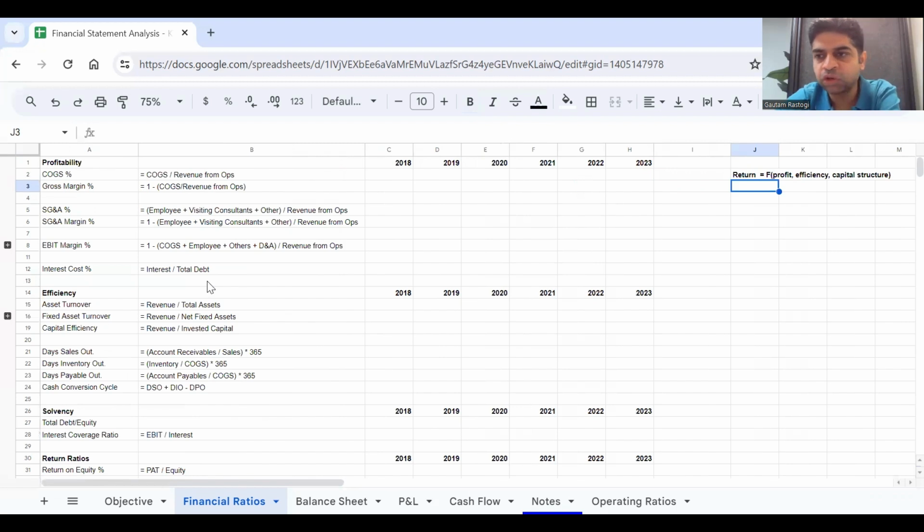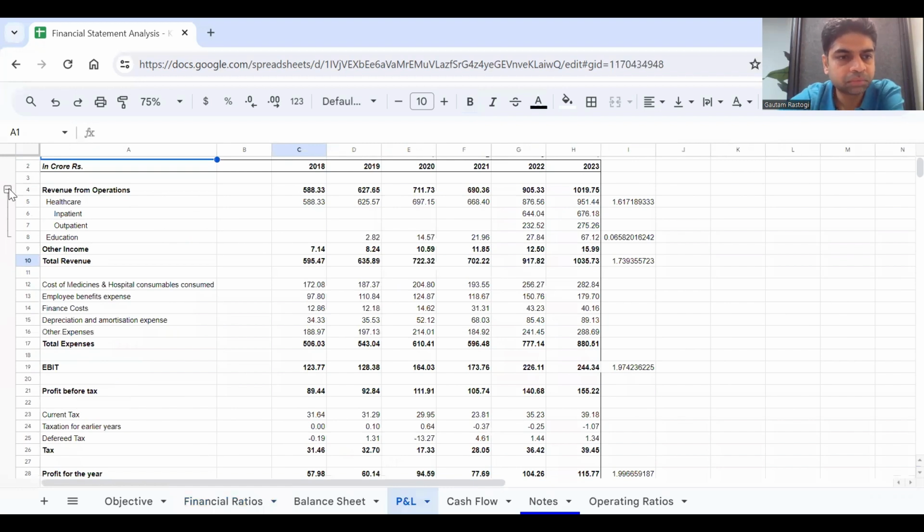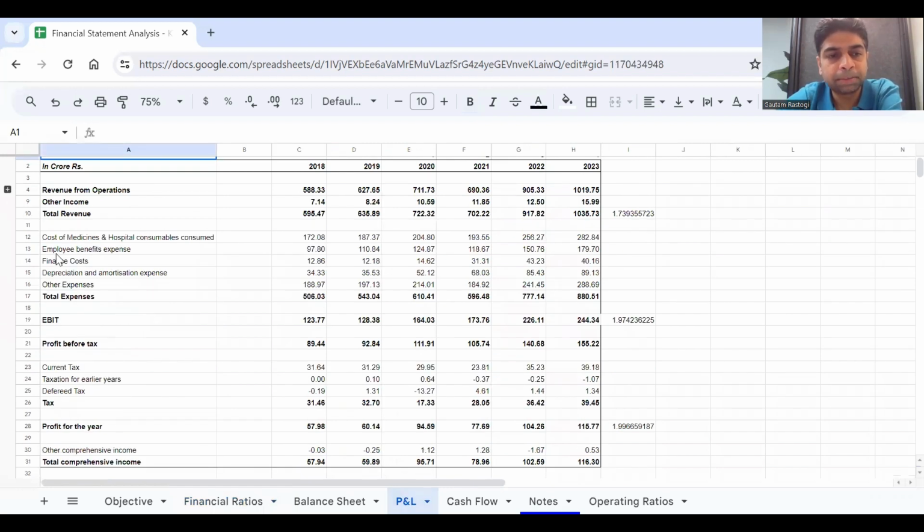Now, if we talk about a healthcare provider, what do you think are the high cost items for a hospital? So we go to the P&L. I think the high cost items are obviously the doctor cost, the nurses, the support staff, because that is fixed.